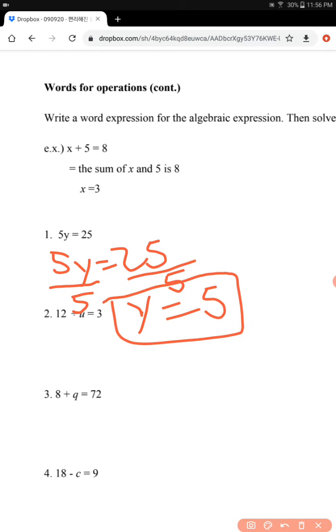Oh, oops, I totally forgot. It says we have to write a word expression. Okay, so we'll do that. Sorry about that. Since it's 5 times y, multiplication is product.